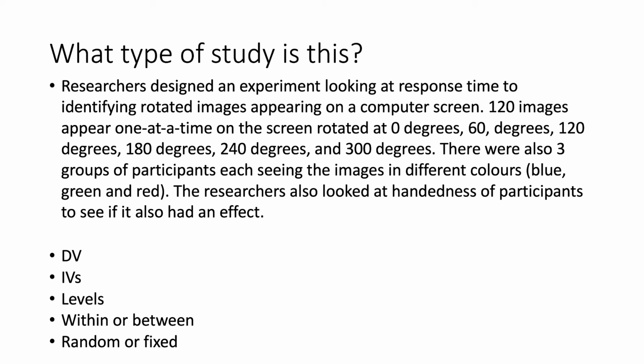So that's going to be a variable called orientation, and it's going to have 6 levels. 3 groups of participants seeing images in different colors, most probably a between subject design, because you have different participants each looking at a different stimulus presented in a different color. And handedness of participants, so the variable name could be handedness, and then maybe you've got 2 levels, left and right, and that would be a fixed factor, and it would be a between subjects factor as well.